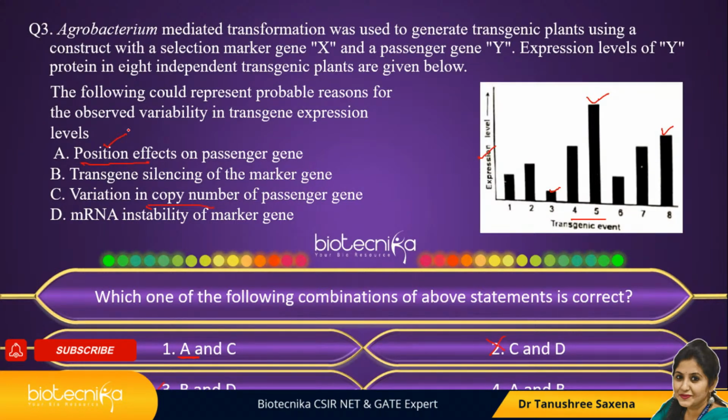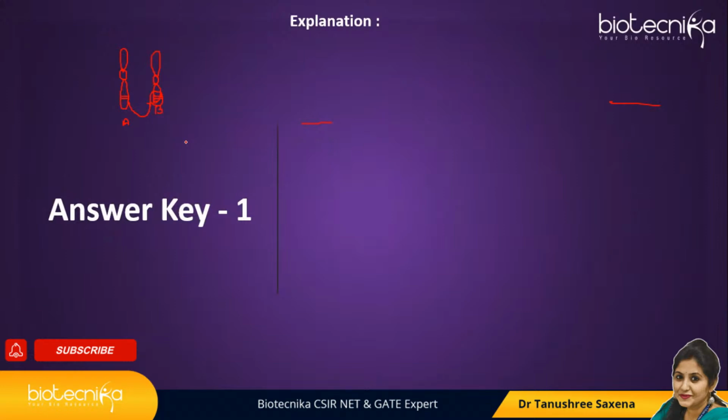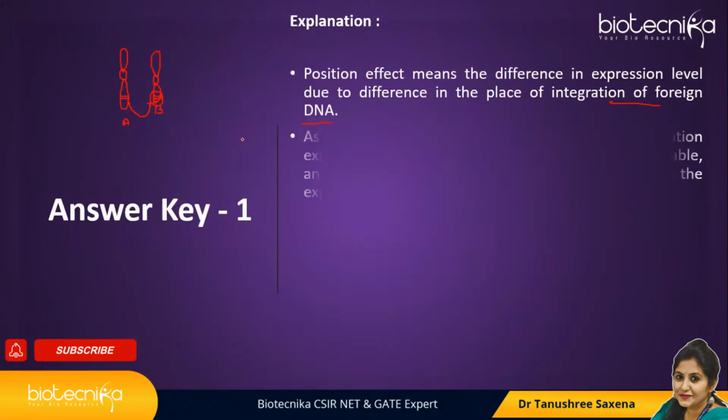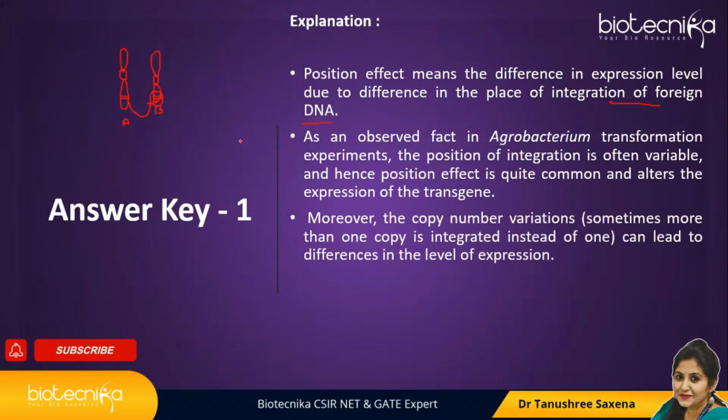Now let's check the other statements. So one is position effect. Then one more term is copy number. So copy number means that instead of one copy, more than one copy can be integrated. Now definitely, the more copies of a gene there are, the more it will affect the level of expression.